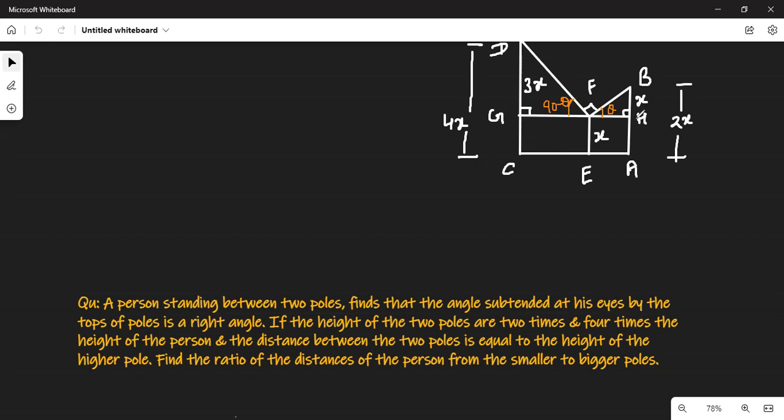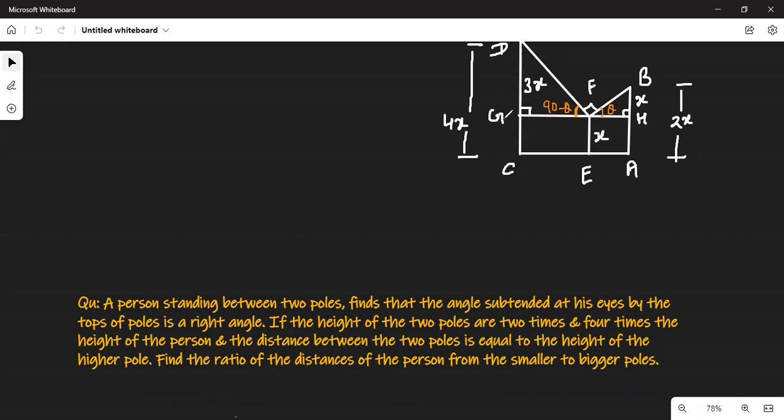The sum of angles on a straight line has to be 180 degrees. That means this angle is 90 minus theta. Now in a triangle, the sum of three angles is going to be 180.